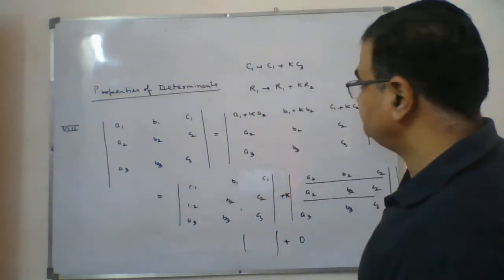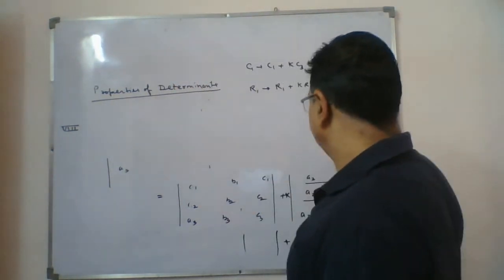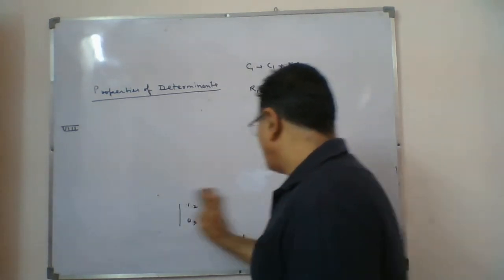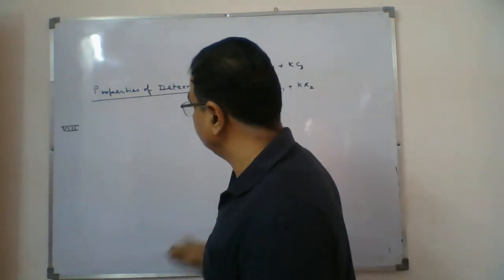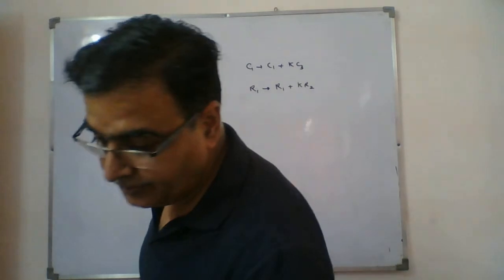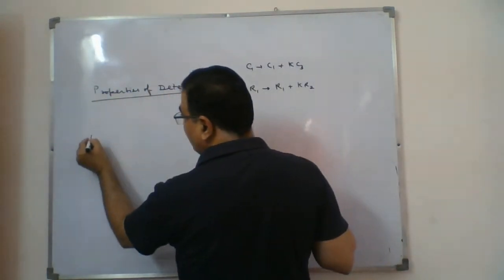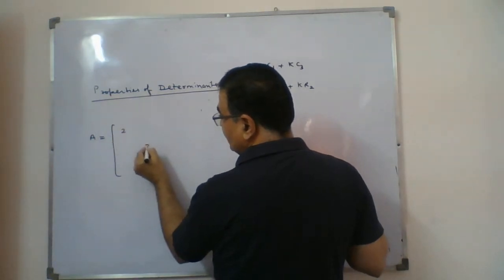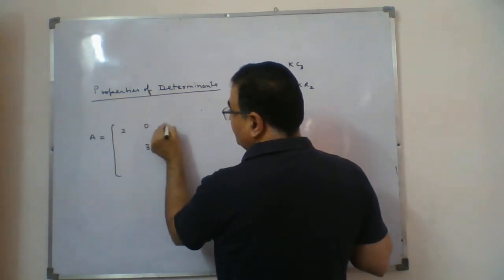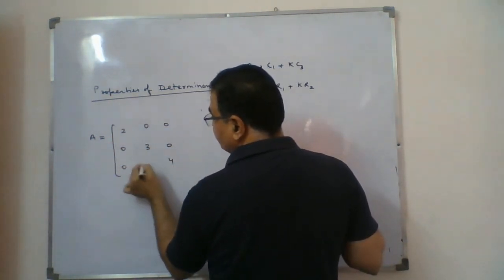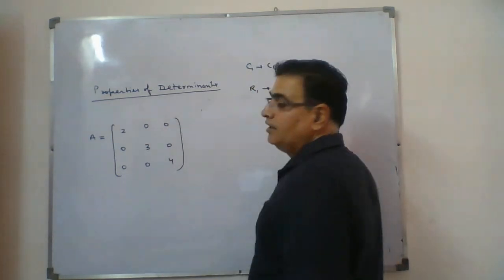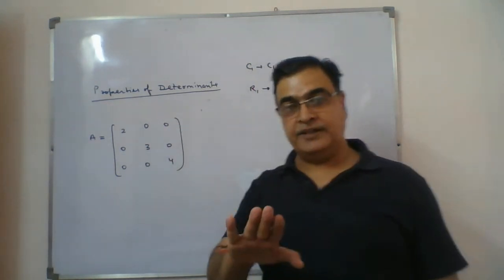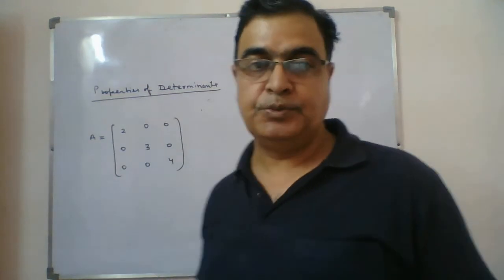Next property, property number 9. The ninth property says that if you have a diagonal matrix, for example 2, 3, 4 diagonal matrix, I told you this is a matrix in which the leading diagonal elements are not necessarily 0, but all other elements will be 0.